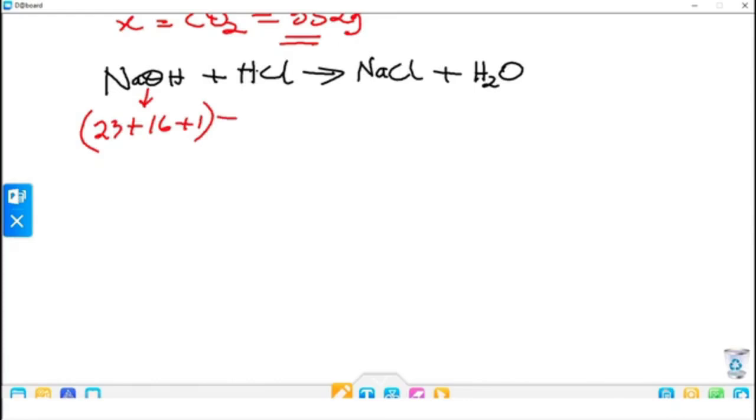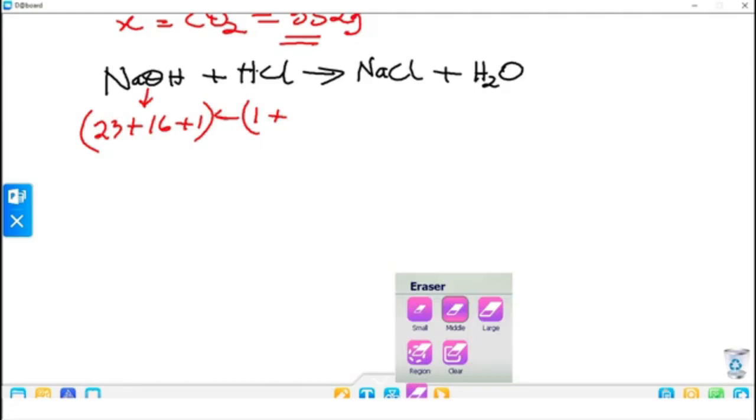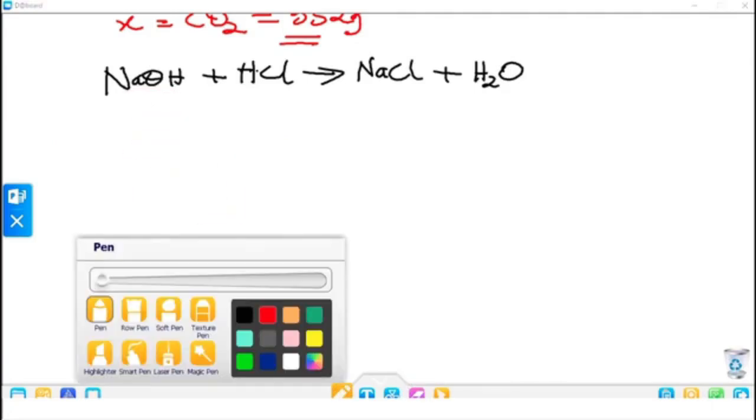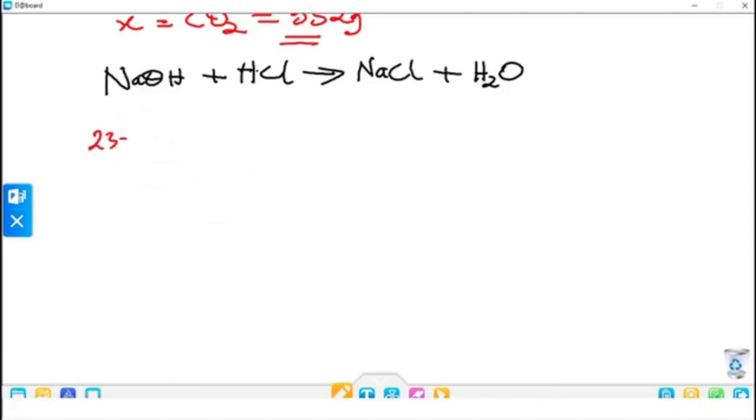And for HCl, hydrogen is 1 plus, please, this is not minus. It is important to note that that is not minus, so that we don't get it confused. For sodium hydroxide it is 23 plus 1 plus 16.